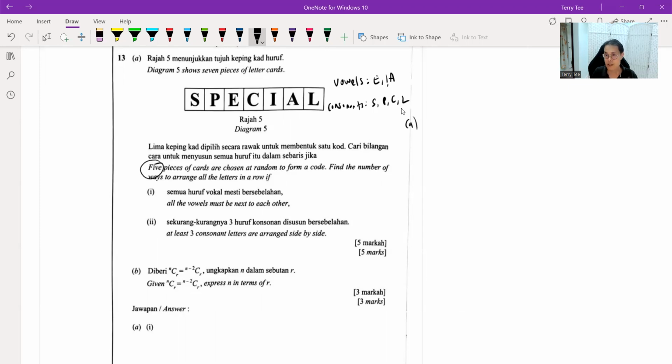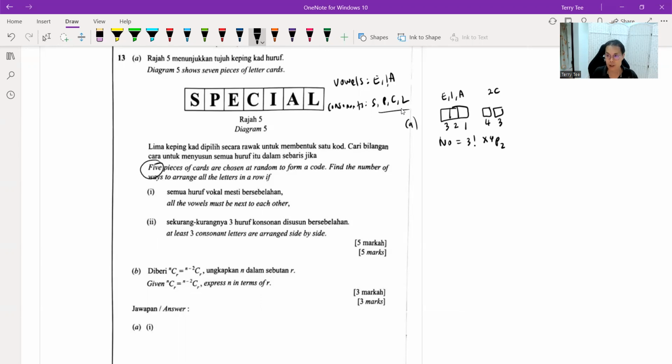If all the vowels are next to each other, very simple, we just tie the 3 vowels together, E, I, A. Remember, we are arranging 5 only, so you must have 2 more consonants, chosen from 4 consonants. For the vowels, I'm arranging all 3, so 3, 2, 1, or 3 factorial. For the consonants, we say 4 times 3 because from 4 we arrange 2. So we can write it like this: 3 factorial times 4P2.